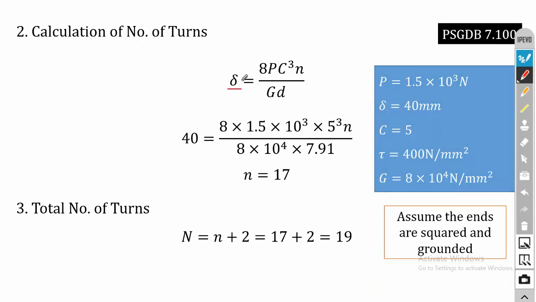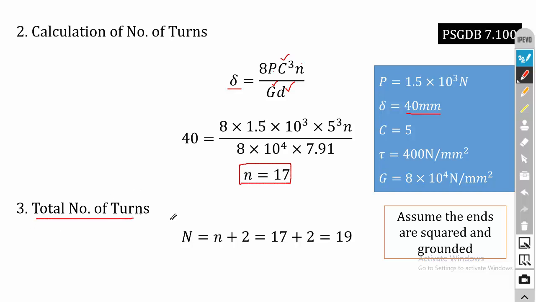So write the second equation, delta is equal to 8PC cube n divided by G d. So delta is given in the problem, it is 40 mm. Then P is given, C is given, n we have to calculate, G is given, d is what we have calculated earlier. So substitute all the values and calculate the value of n. N should be a whole number. So here the n value is 17. So n is equal to 17.